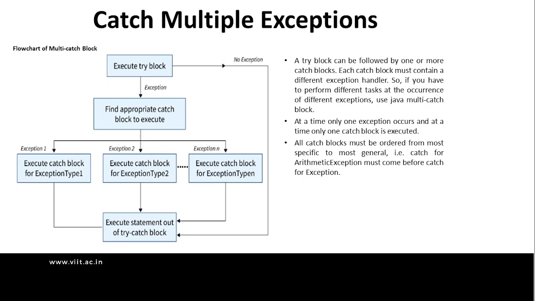Each catch block must contain a different exception handler. So if you have to perform different tasks at occurrences of different exceptions, use Java multi-catch block. At a time only one exception occurs, and at that time only one catch block is executed. All catch blocks must be ordered from most specific to most general. For example, the catch for ArithmeticException must come before the catch for Exception.